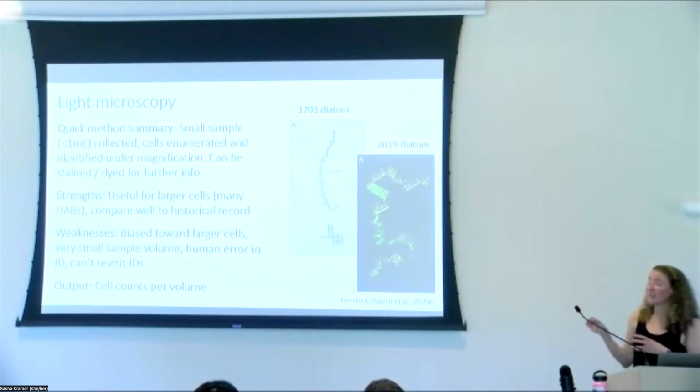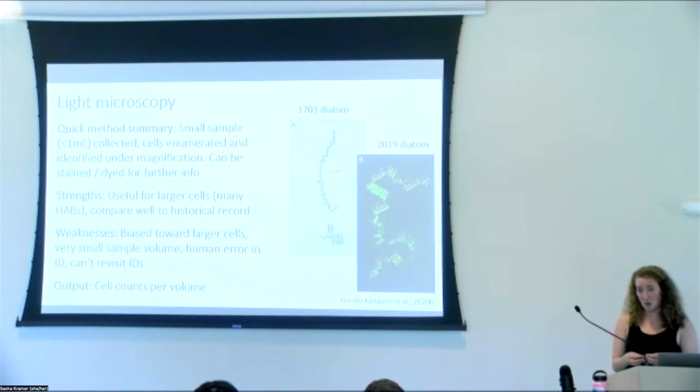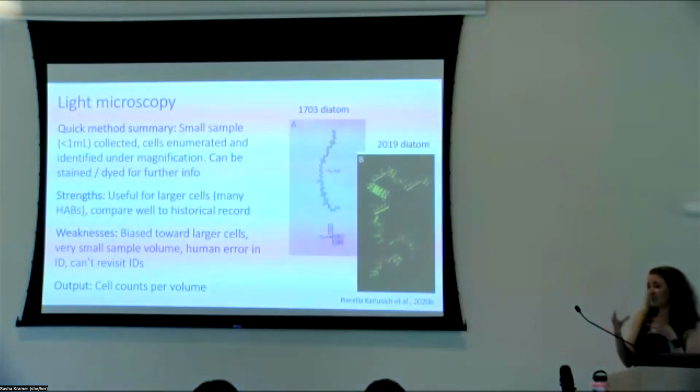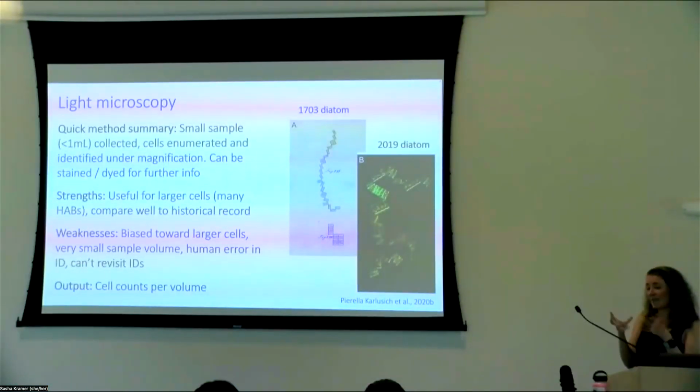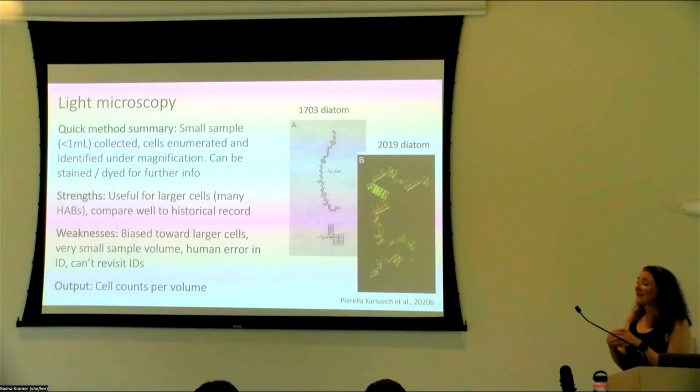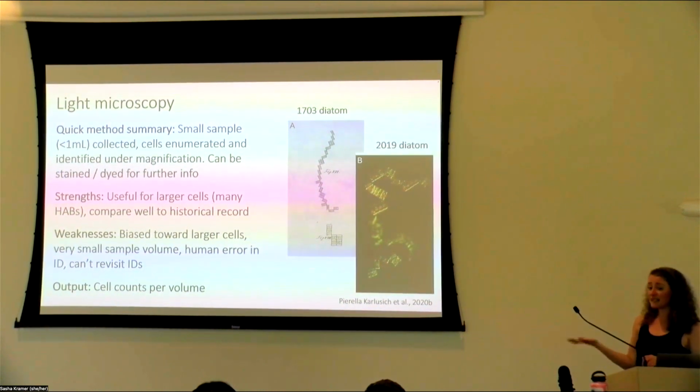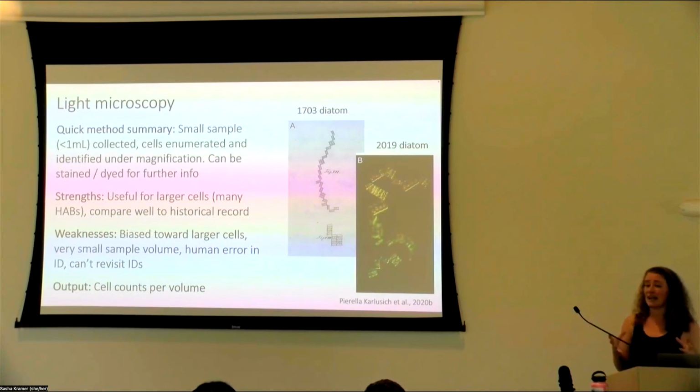But in this method, you're collecting a really small amount of water. Oftentimes, you're concentrating the cells that you have in a larger volume into a smaller volume that you can then look at. And then you're counting and identifying the cells under magnification. So I think this is a really useful method in terms of looking at often the larger size of phytoplankton, because some of it is limited by the user.